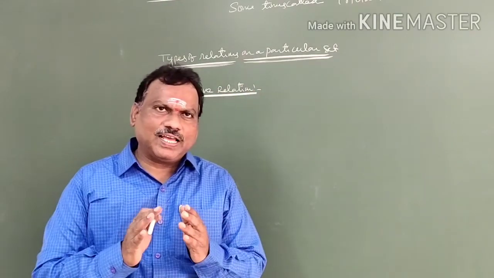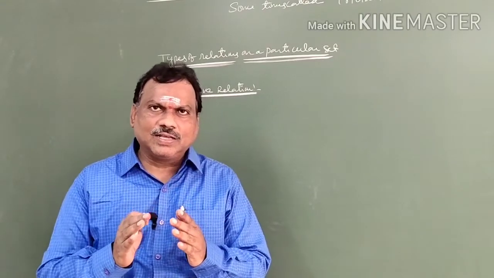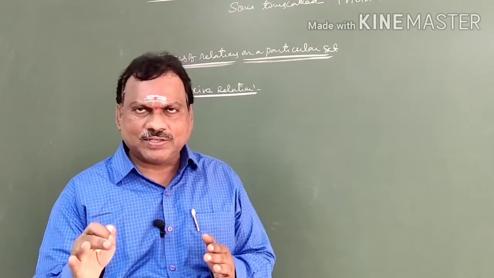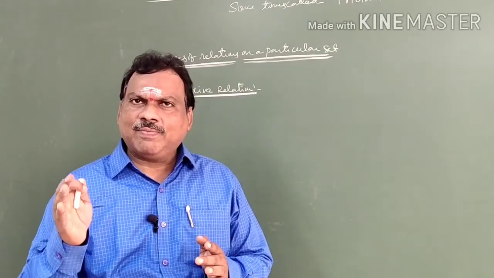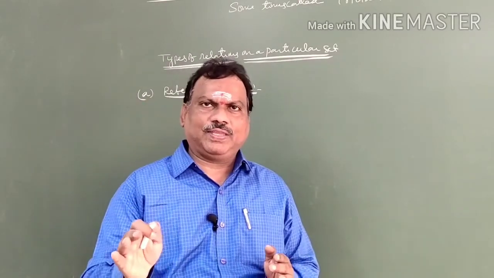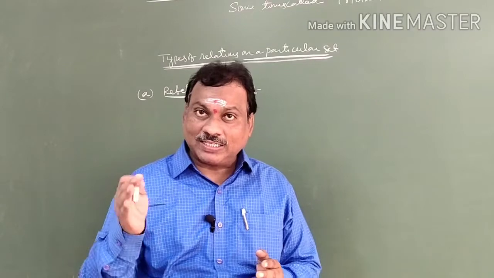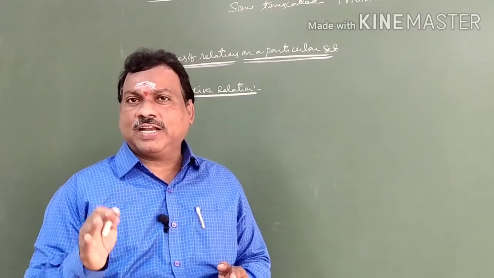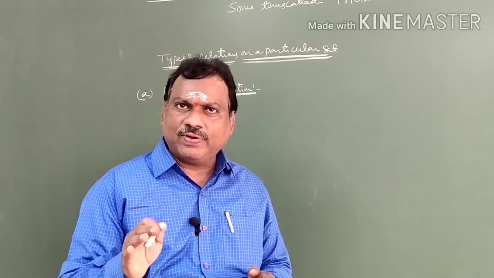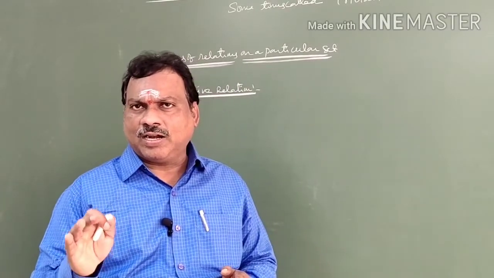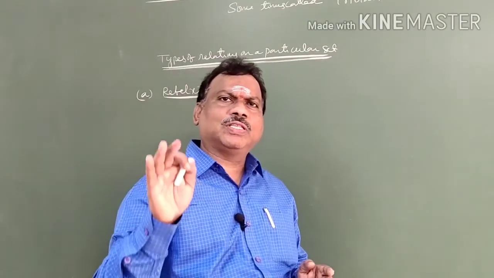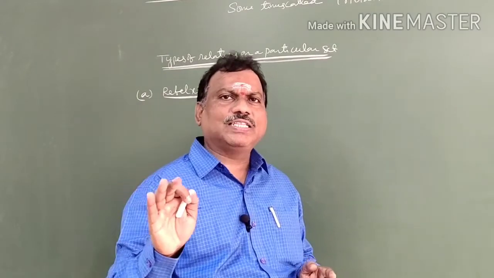Reflexive means a relation R on set A is said to be reflexive if each element of A is related to itself, that is, if the ordered pair (a, a) belongs to R for every a belonging to that particular set A. What does it mean?